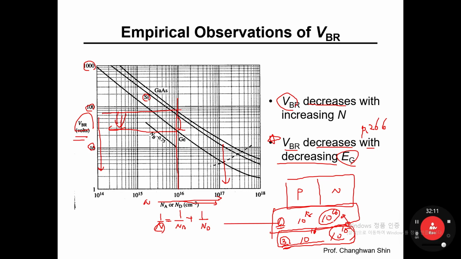Why is that? Please think about that. You can explain it quantitatively or qualitatively, both are okay. Go back to the avalanche breakdown mechanism and the Zener breakdown mechanism, how each breakdown mechanism can be obtained, and what the minimum requirement for each is. Then you may simply answer those two questions. So please do that.